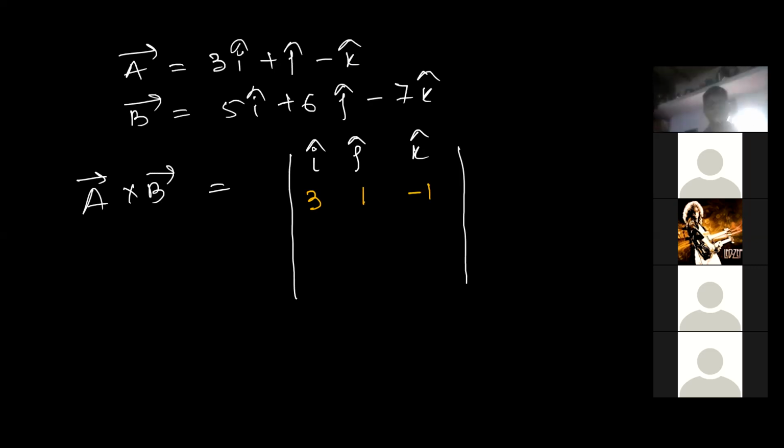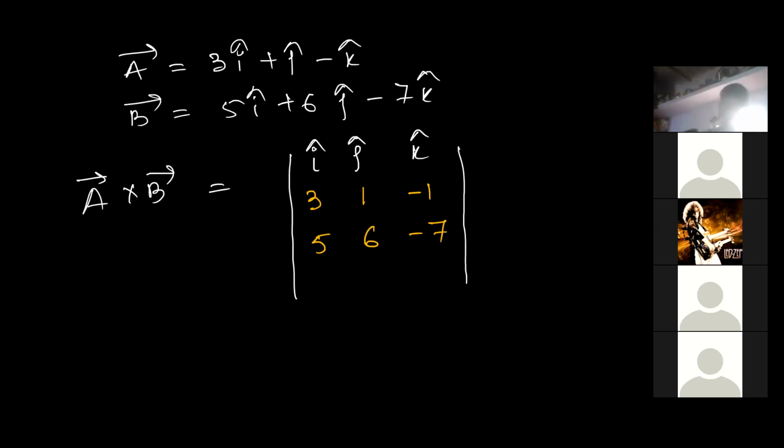Now, you tell me, in the case of B vector, what are the coefficients of i, j, and k? Sir, 5, 6, and 7. 5, 6, and -7. Good.